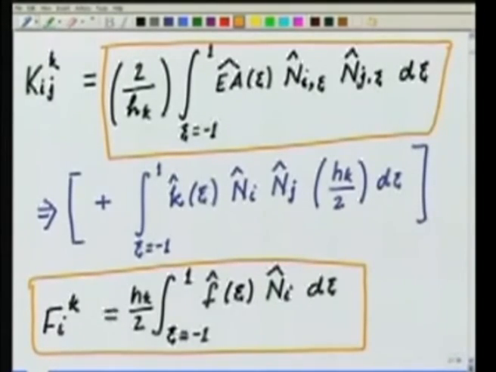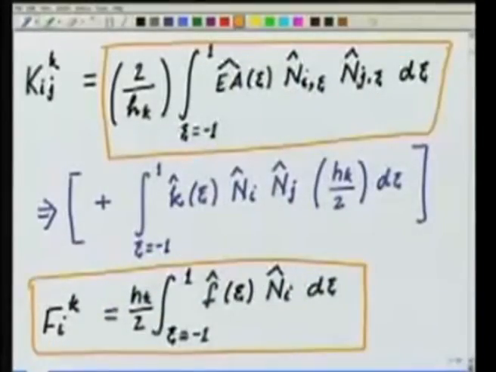The simple transformations, this we have all done in our calculus courses. So the advantage is now that from the integration over the physical domain, we have brought all the integrals over the master domain. For any element, this is how we are going to do the integration.